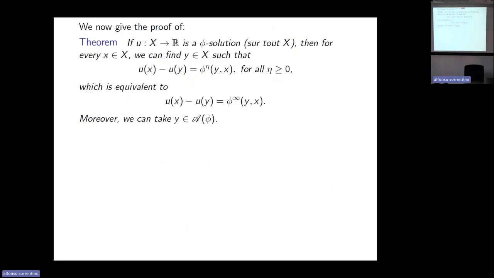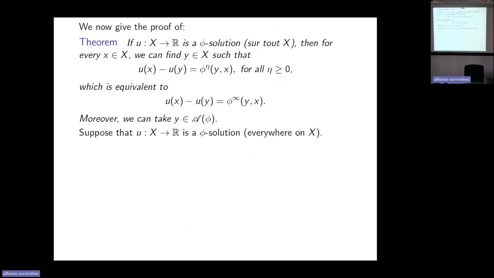Now I have to give the proof of the theorem. If I have a phi solution, then I can find a y such that ux minus uy is phi eta yx for all eta non-negative. And moreover, I can take it in the Aubry set. And this is equivalent to ux minus uy is phi infinity of yx.